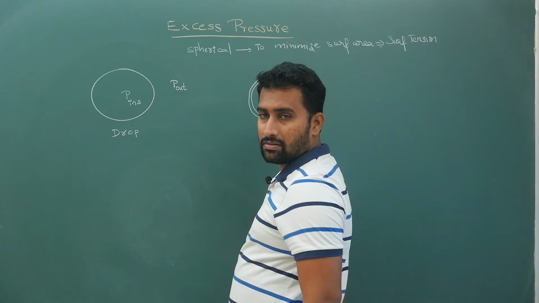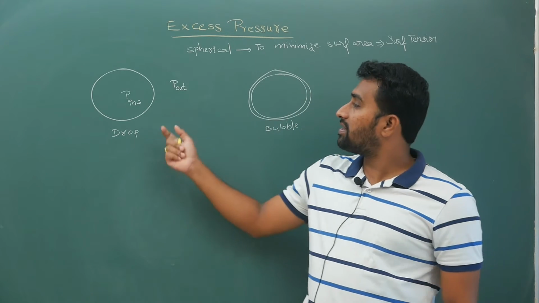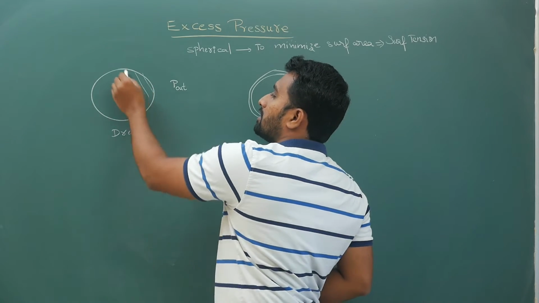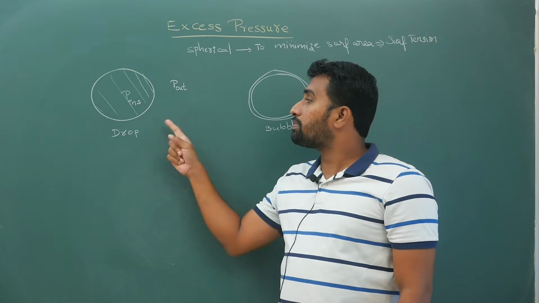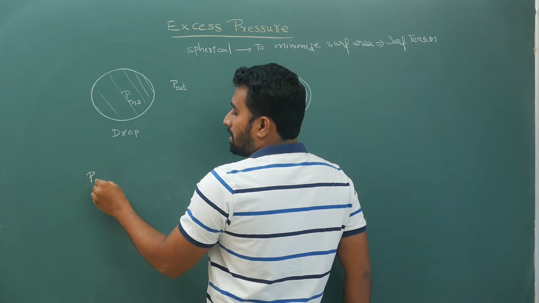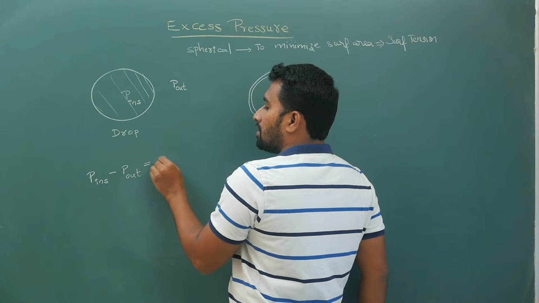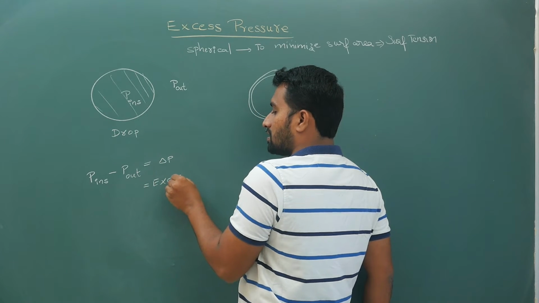This difference between the pressure inside the drop and the pressure outside is your excess pressure. Getting my point? P inside minus P outside is your delta P, which is called your excess pressure.